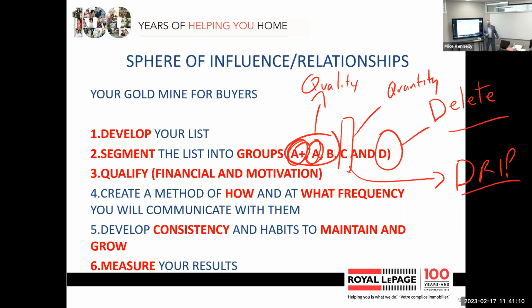An A plus and an A are your relationship clients that are absolutely going to use you under any circumstances. You're their go-to realtor. That's my definition of these two. This one here has a little bit more in that they will go out of their way at every single instance to refer you in any opportunities they're going to be presented with.